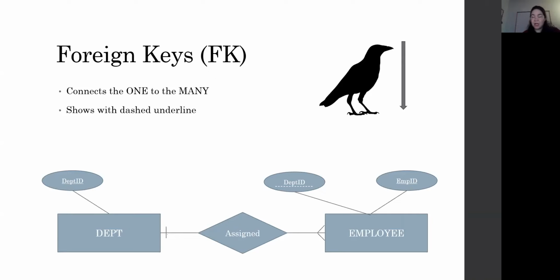If you think of the crow's feet, with the little three lines I have on the employee, with a crow and gravity, the primary key is going to fall down the crow and land at its feet. I know, it's kind of lame, but it is authentically how I think of it and how I remember it.